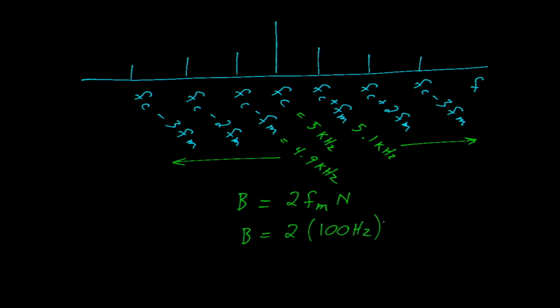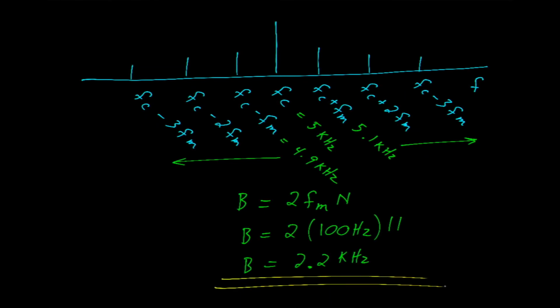And I believe we had 11 sideband pairs. So our bandwidth was 2.2 kilohertz. All of this is starting to look like a most excellent problem for an exam. The only piece that's missing is the amplitude of the carrier and of the sideband pairs.